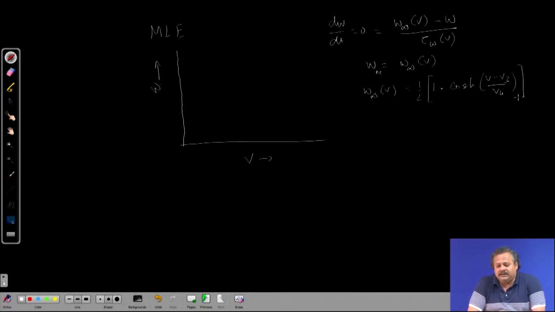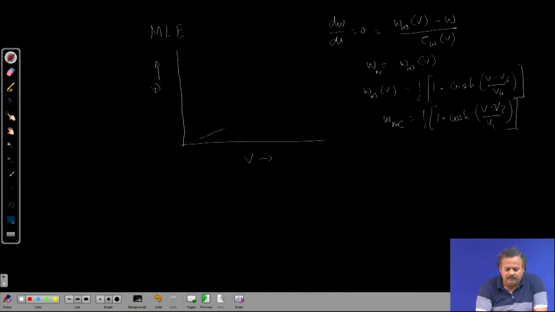As you can see, this is a relationship between W and V, so the W nullcline is W as a function of V. This will turn out to be something like a sigmoidal curve, and it will saturate at 1. We are drawing only the bottom half of it.